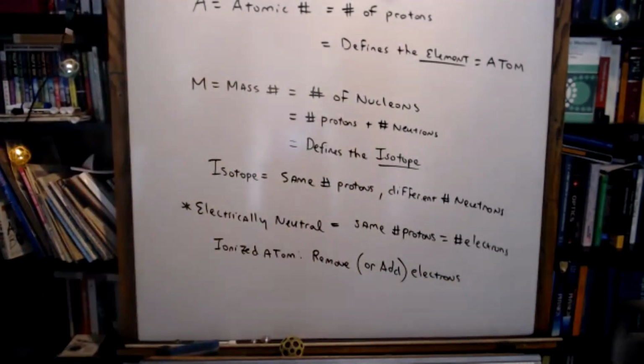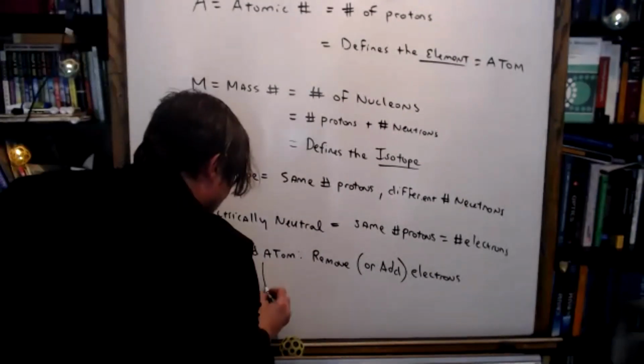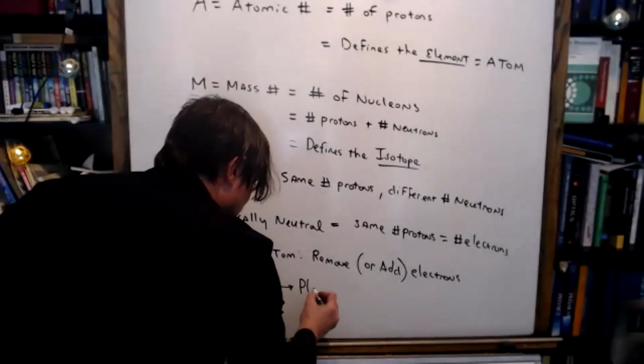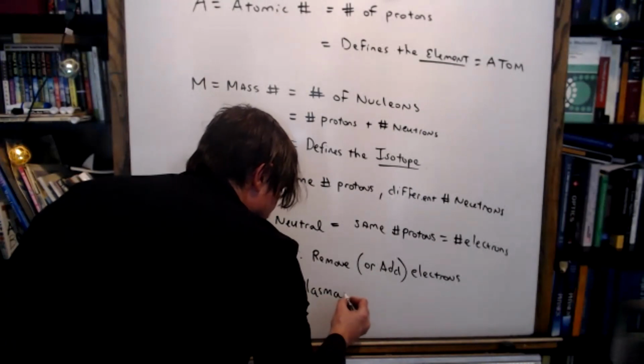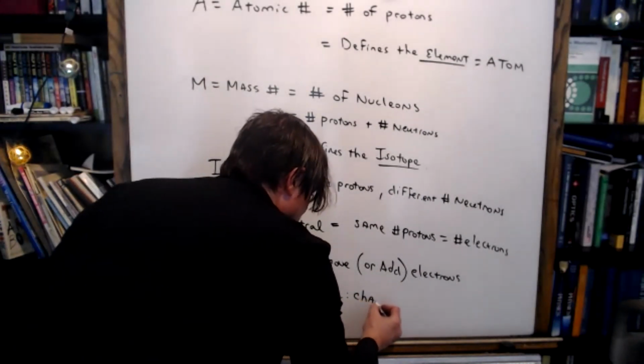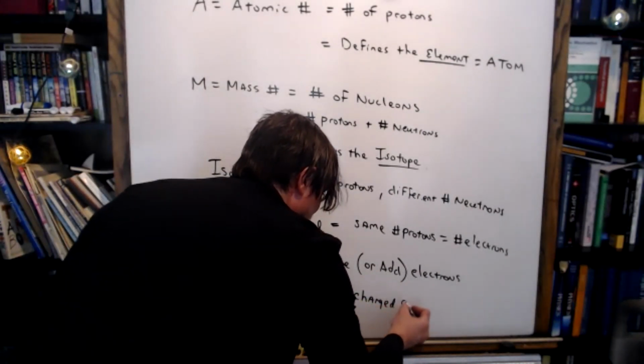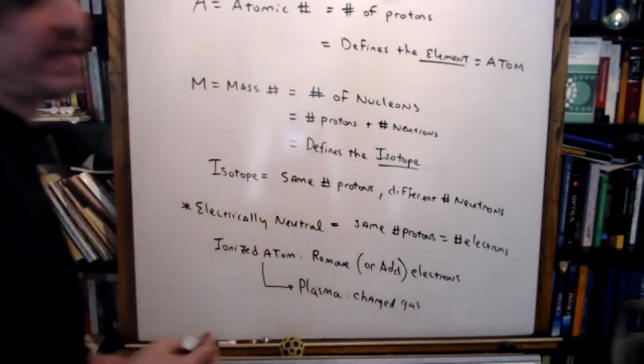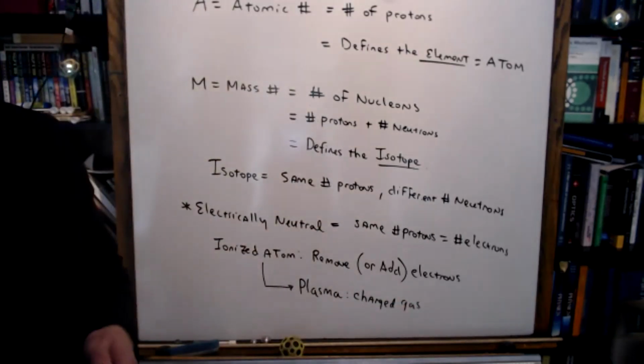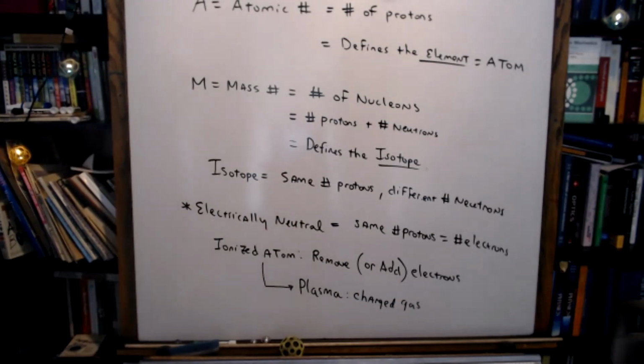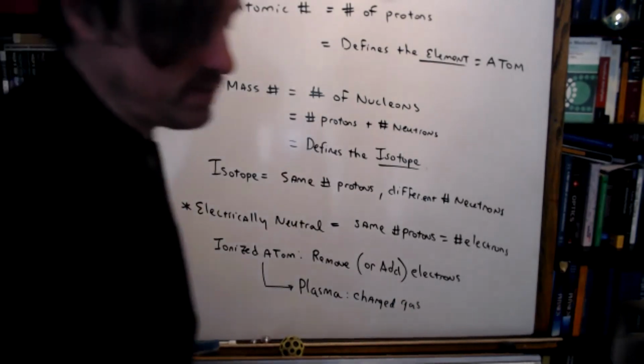When you do so, you create a fourth state of matter known as a plasma. A plasma is basically just a charged gas, like a sea of protons and electrons that are not connected to each other. Let's get all that down into your notes. That's going to be important.